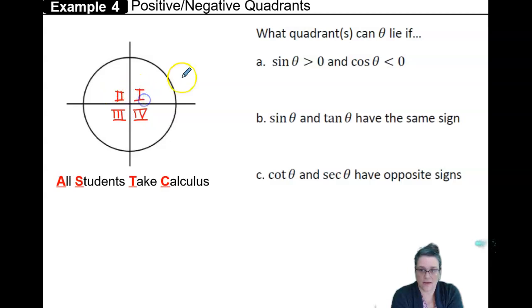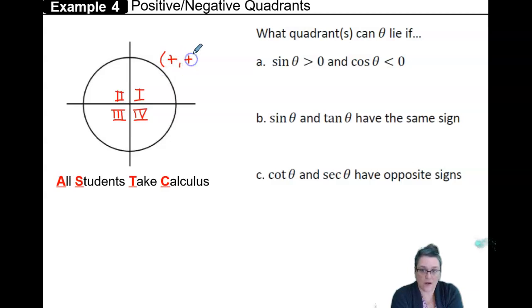The sine is defined as the ratio of y over r. The radius is always positive. So for that ratio for sine to be positive, the y value would also have to be positive. So we're looking for quadrants that have a positive y value.